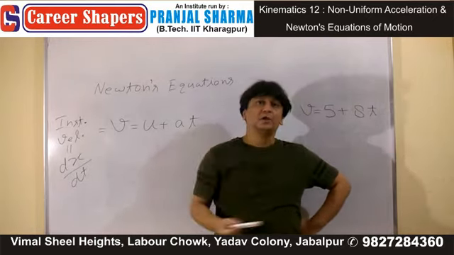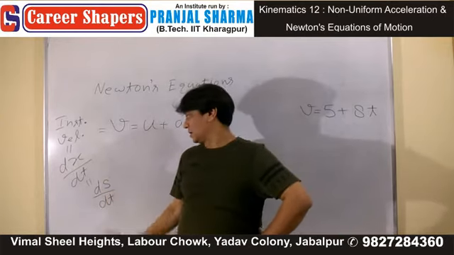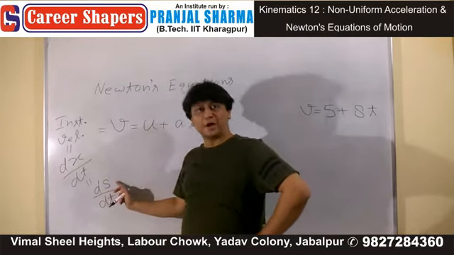The only thing we know is the object is moving straight, and therefore we simply write ds by dt. If you are moving along the x-axis, your s becomes x. For y, for z, accordingly you can change this s. So instantaneous velocity, which is dx by dt, in a general situation will be ds by dt. That gives us ds by dt as u plus at.